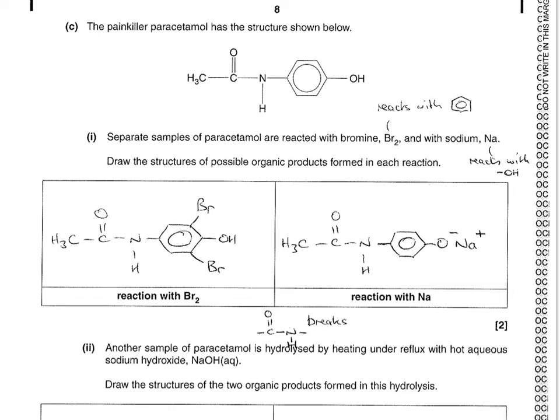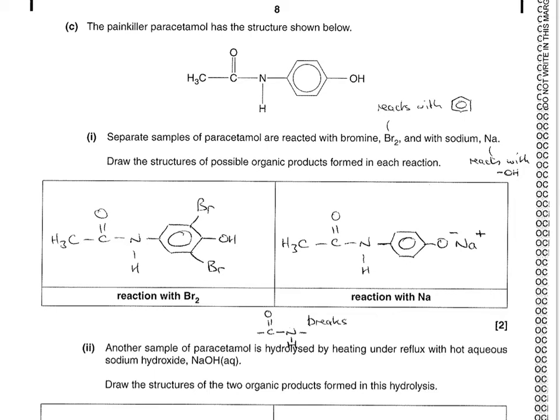Part C is testing our knowledge of reactions of functional groups, and they're using paracetamol to test us. It's saying separate samples of paracetamol react with bromine. So you can see I've written up there, bromine's going to react with the benzene ring, and then sodium, well, that's going to react with this OH group of the phenol.